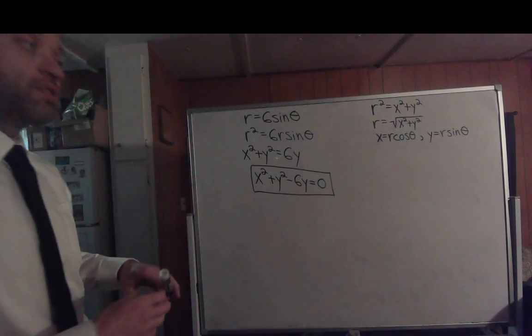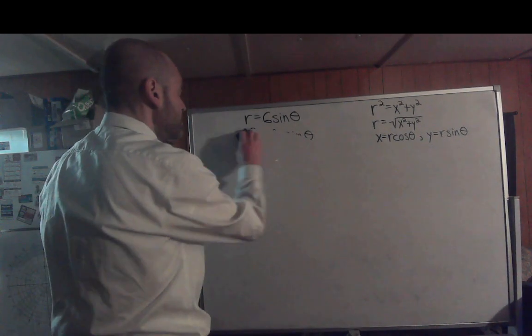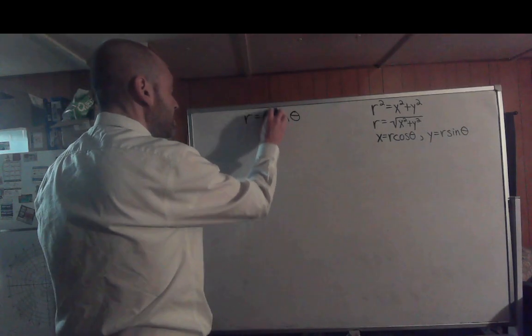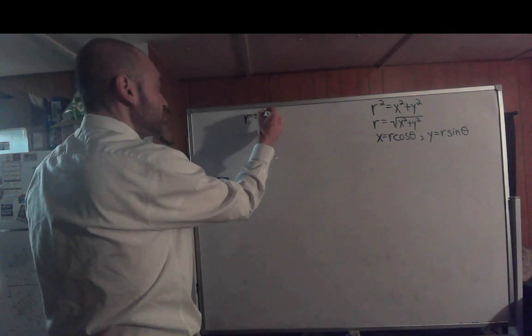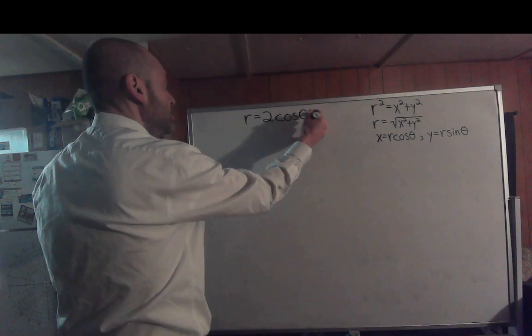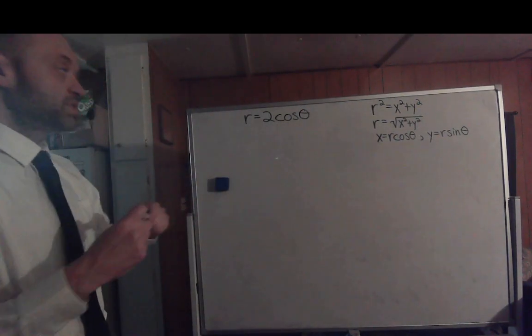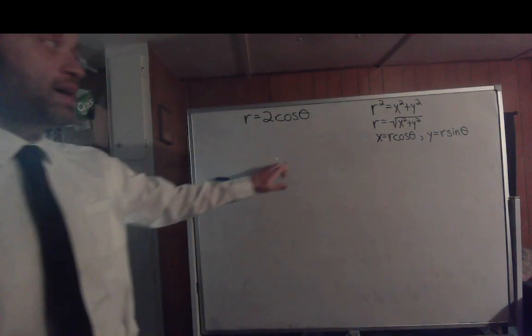So let's do another example here, but this time we'll do it with the cosine function. What if we have r equals 2 cosine of theta? Again, we know about r. We have an identity for that.